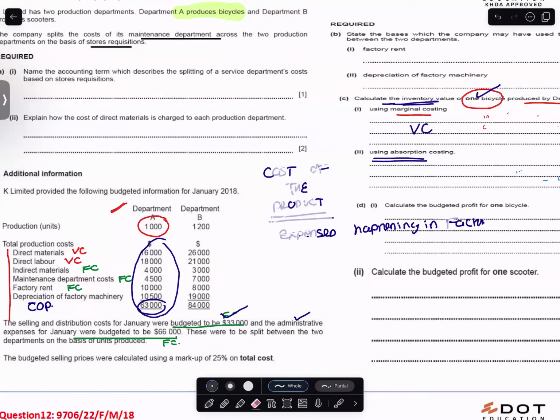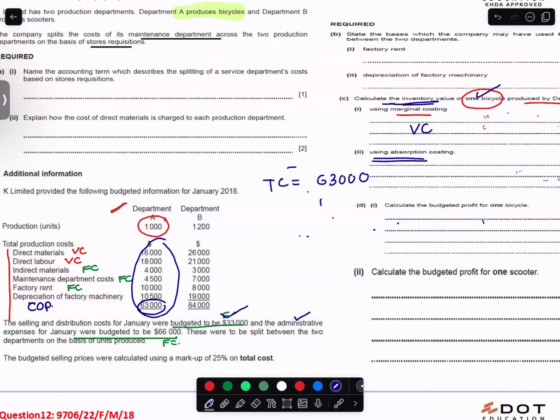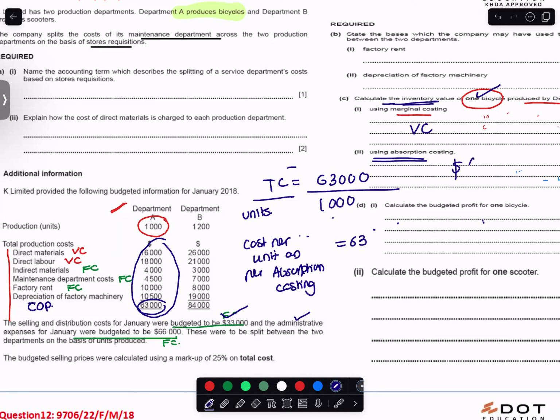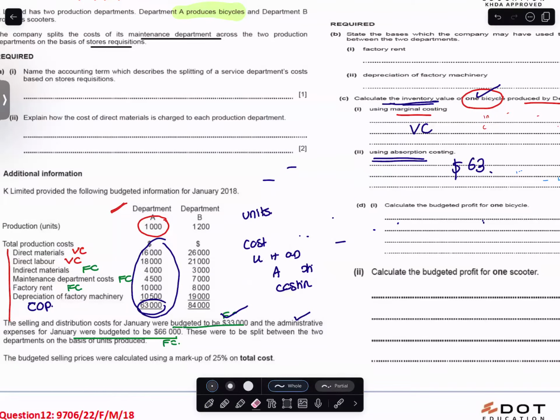Total cost is how much? 63,000, the factory cost. 63,000 is for how many units? 1,000. So cost per unit as per absorption costing is 63. Are you with me? Okay, fine. Now budgeted profit on one bicycle.